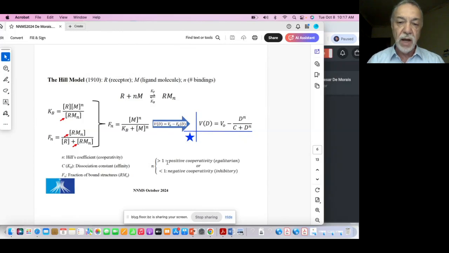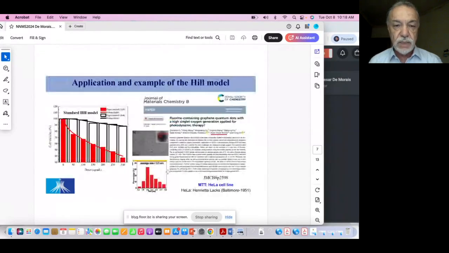It means if N is over 1, the first molecule that binds to the cell membrane facilitates the binding of the next one. On the contrary, if N is lower than 1, the first molecule that binds to the cell membrane just blocks the binding of the next one. So this is a very important border.